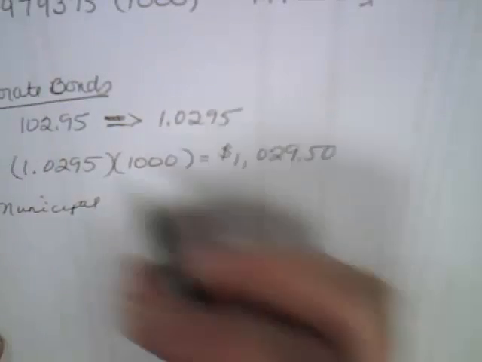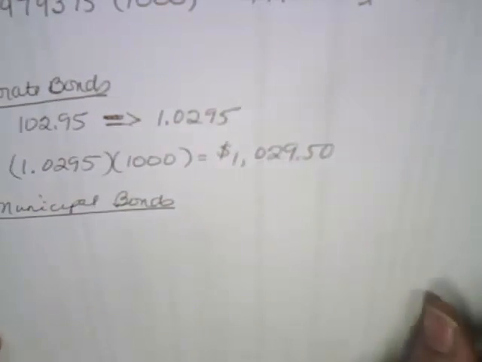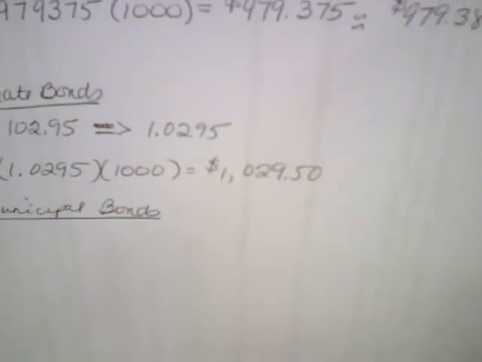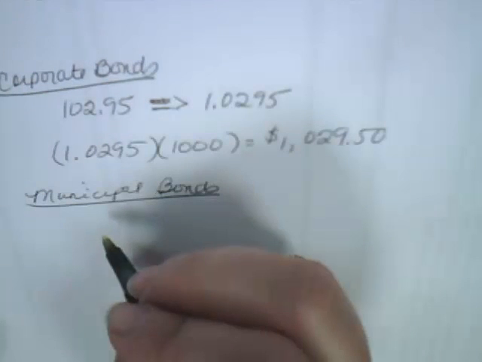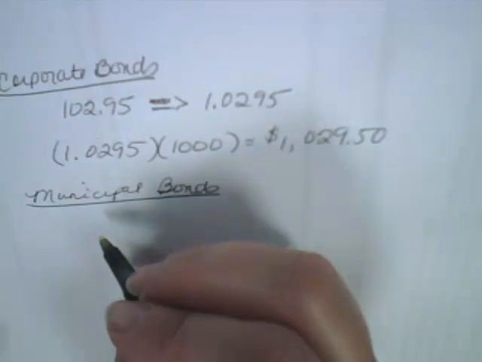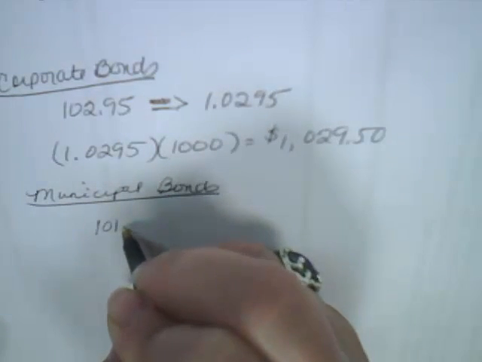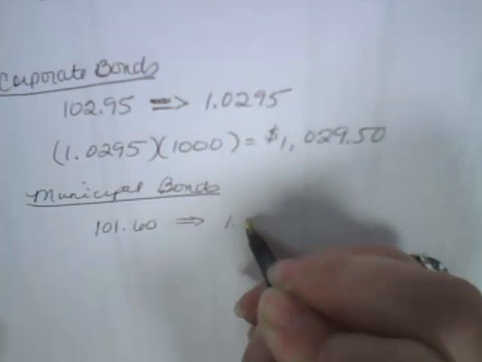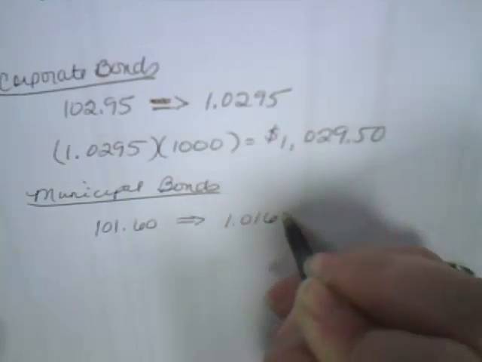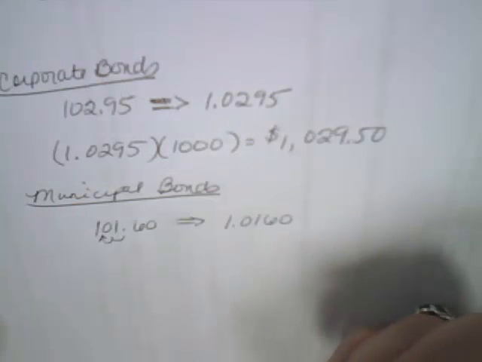And the municipal bonds, very different. Let me push this up a little bit. So when we're dealing with the municipal bonds, we'll roll this up just a touch. Okay. In this problem, the municipal bonds are quoted at 101.60. Again, I convert that over to 1.0160, which basically means I'm just moving the decimal place over 2 points to the left.